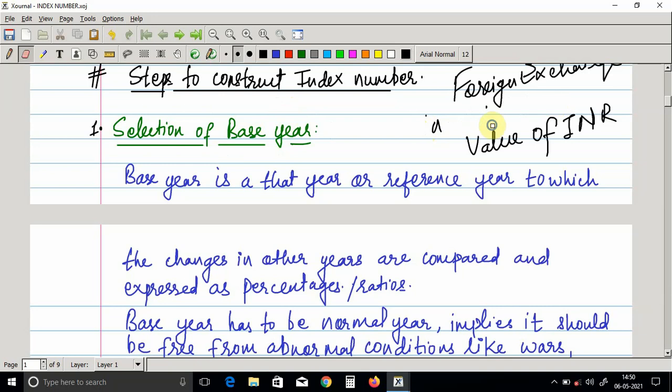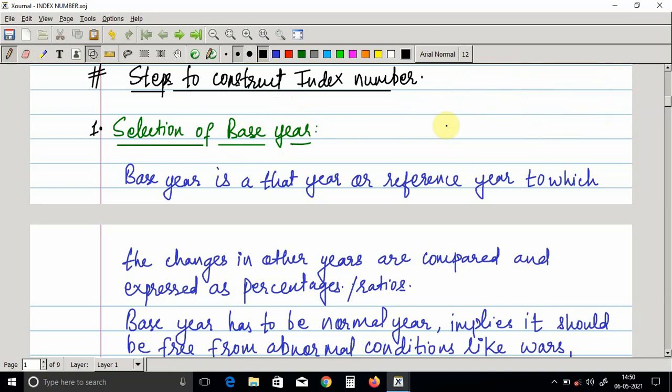For example, if I want to compare my salary change, in May 2019 I earned, say, 75,000 rupees, and in the same month of 2020 I earned 78,000 rupees.